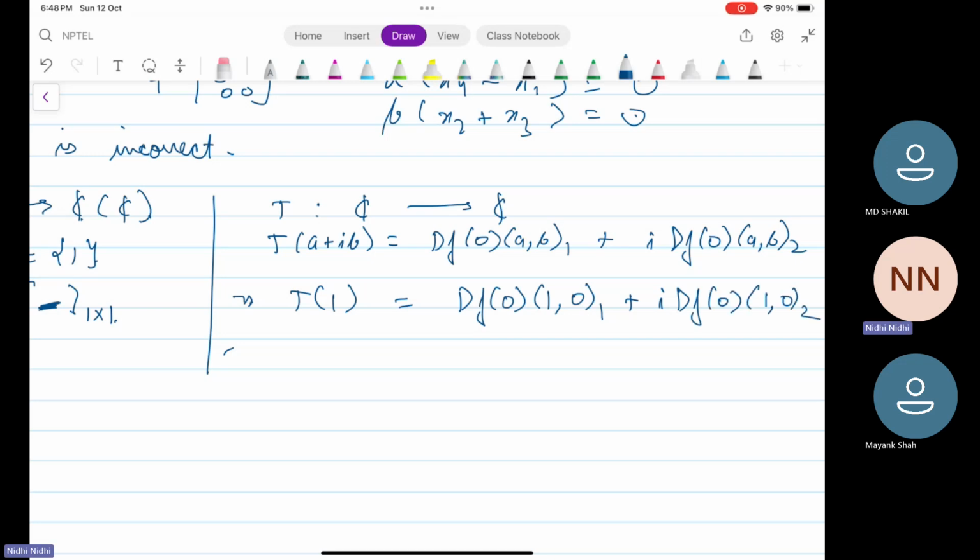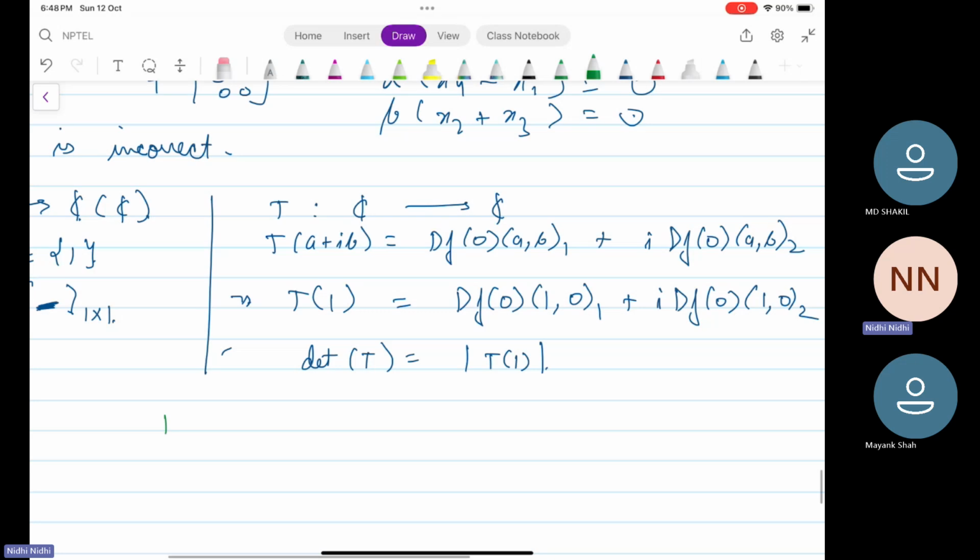So the determinant they are talking about is the simple determinant: the determinant of the matrix T(1). Now they're saying that T is complex linear, although this seems a bit tricky, because if the map is linear, then only can we talk about its matrix representation.